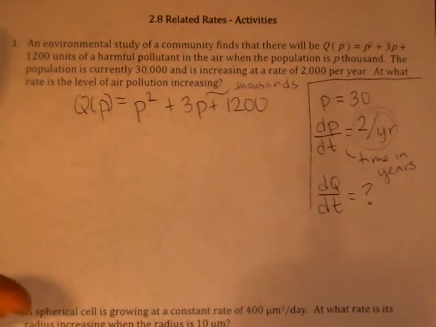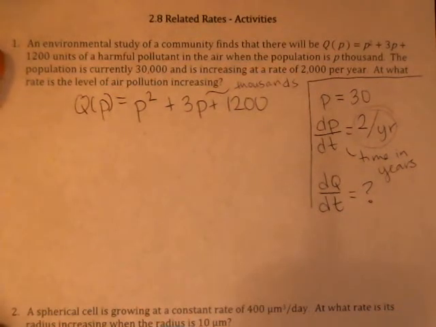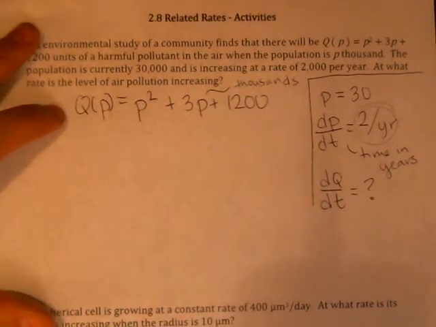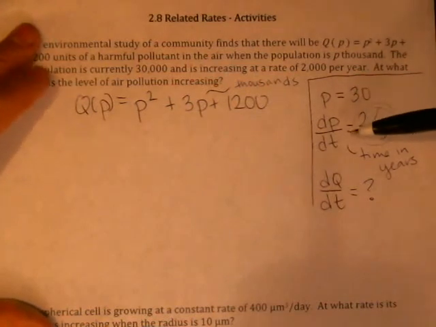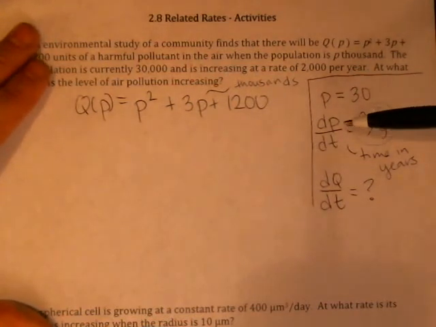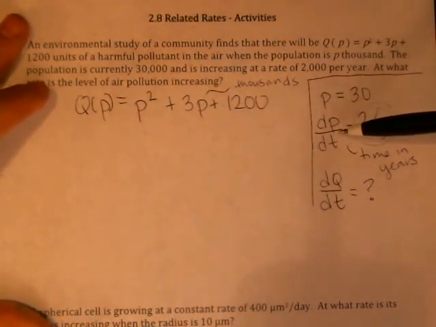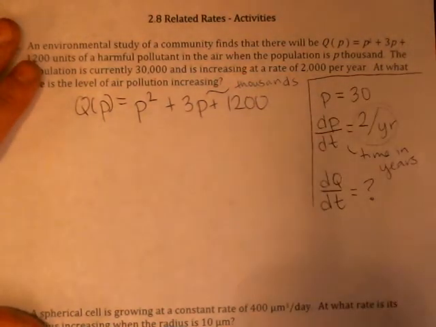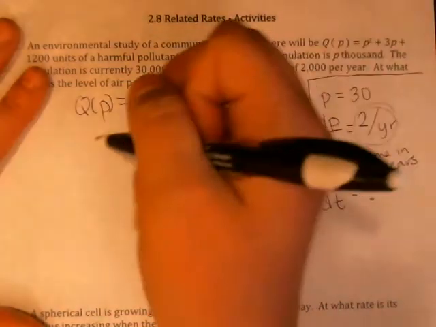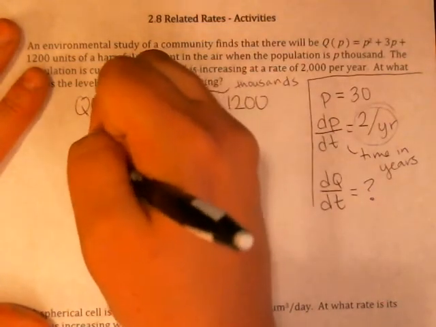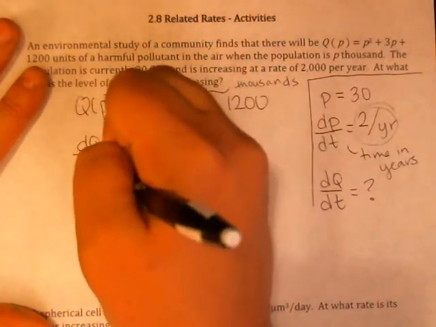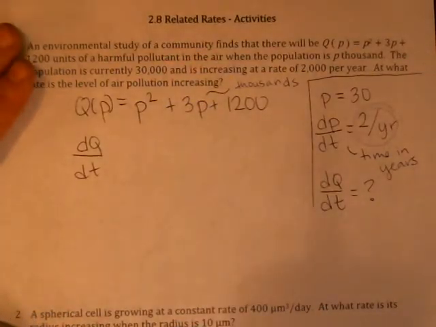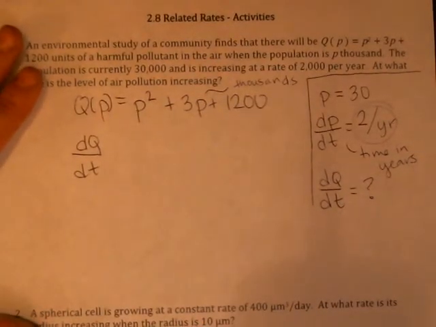Once you've got your equation and all your information named, what you want to do is take derivatives of this formula so that you get a new formula that relates not just Q and p, but dQ dt and dp dt. So we want to take the derivative of both sides with respect to t. So over here, we're going to get a dq dt, and you can keep the function notation if you want to, but I'm not going to since we're working with a third variable t.